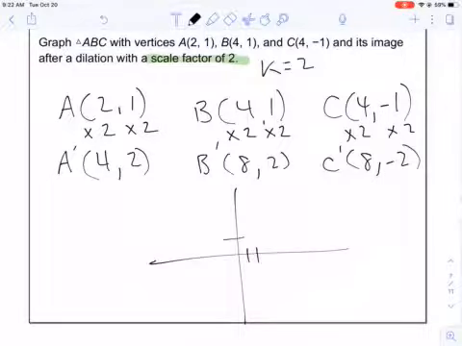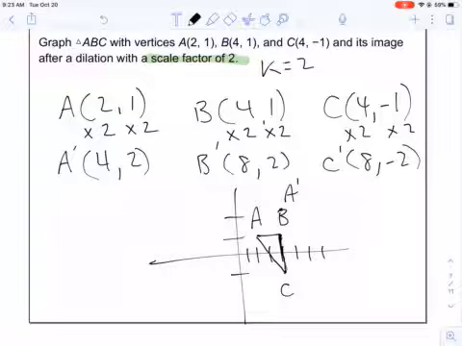So (2, 1) is A, (4, 1) is B, and (4, -1) is C. Then we've got (4, 2), which is A prime, (8, 2), B prime, and (8, -2), C prime.